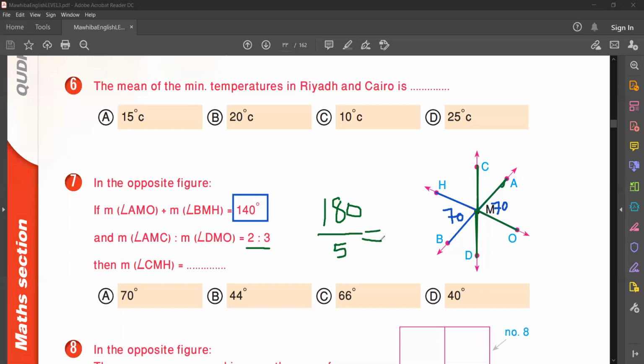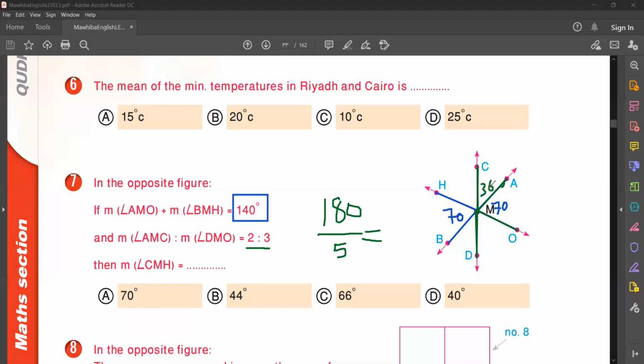Each angle, when divided by 5, it is 180 divided by 5 equals what? Do you know the answer? It is 36. So yes, 36.